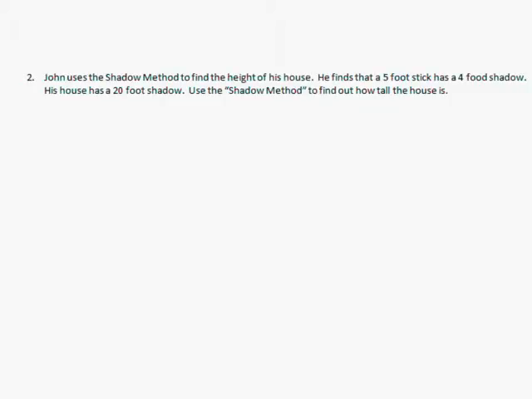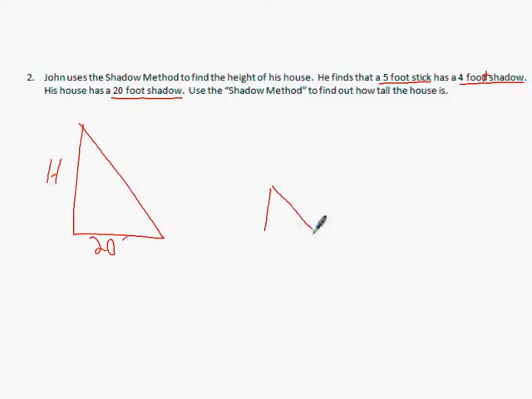Alright, last one. John uses the shadow method to find the height of his house. He finds that a 5-foot stick has a 4-foot shadow. His house has a 20-foot shadow. Big triangle, height of the house, 20-foot shadow, 5-foot stick, 4-foot shadow.